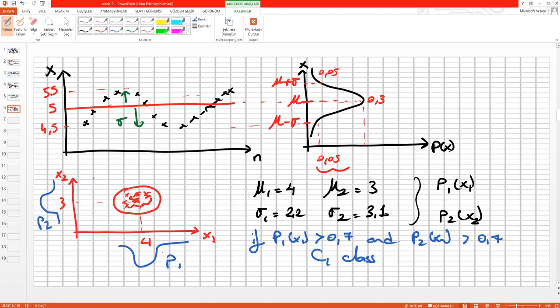If we have one class property, we can do it by just doing the probability equation.